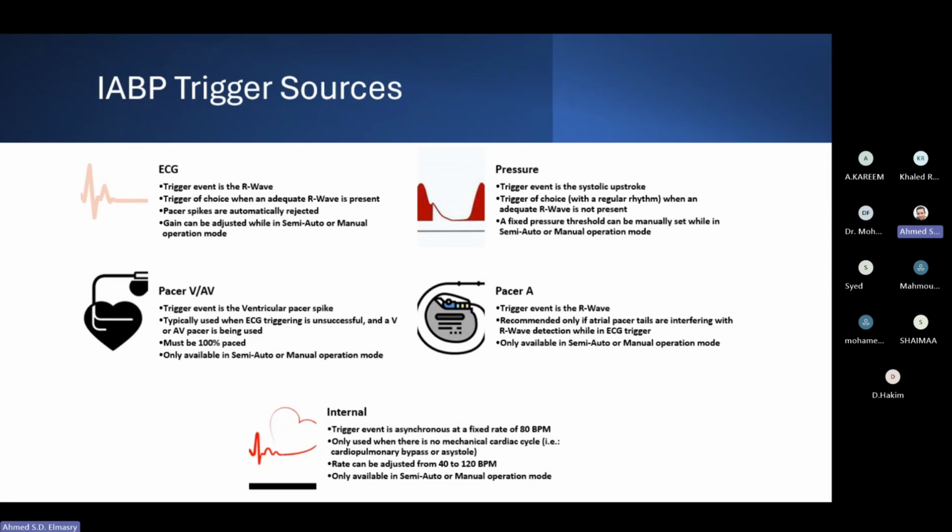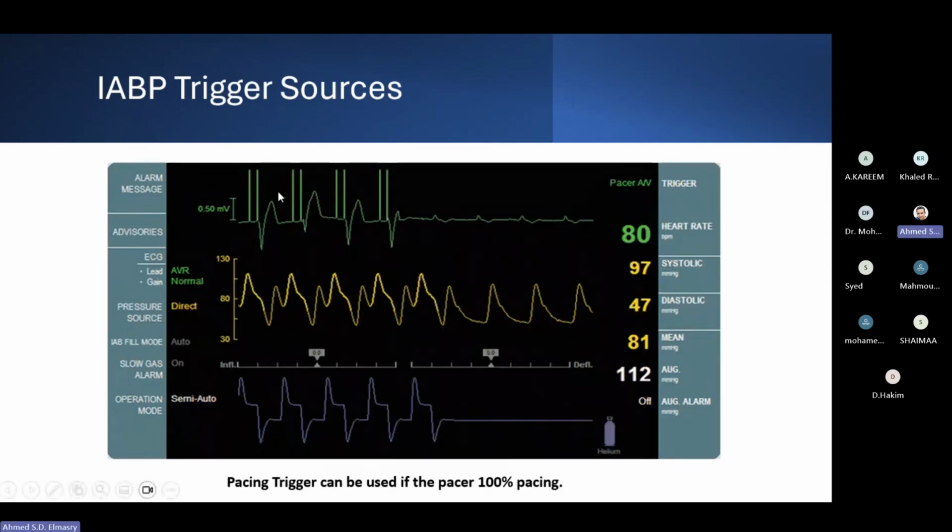And we see here that the patient is having a paced rhythm, and the trigger that was set by the operator was the paced rhythm. But unfortunately, at some point, we lost the pacing of the pacemaker. As you see here, the machine till this point was relying on the pacing of the pacemaker in order to inflate the balloon.